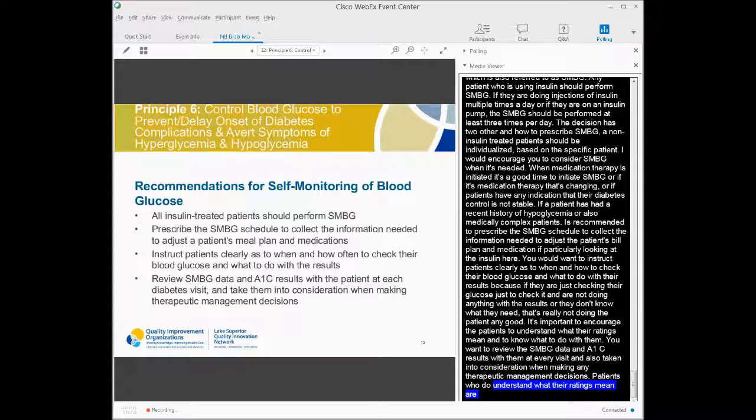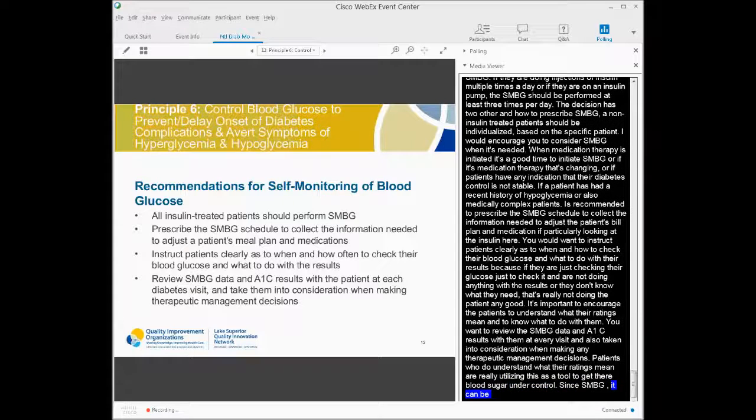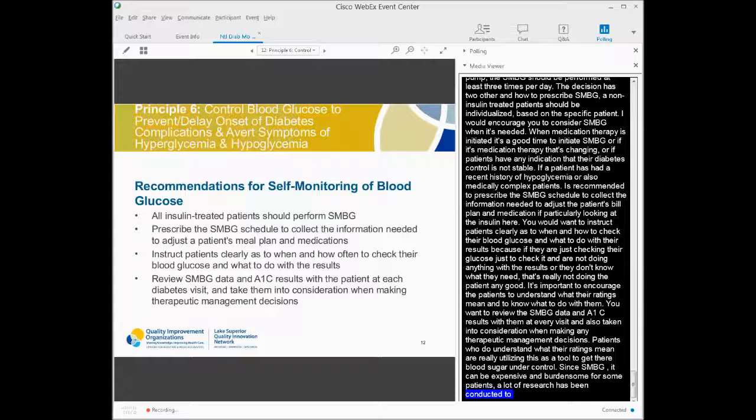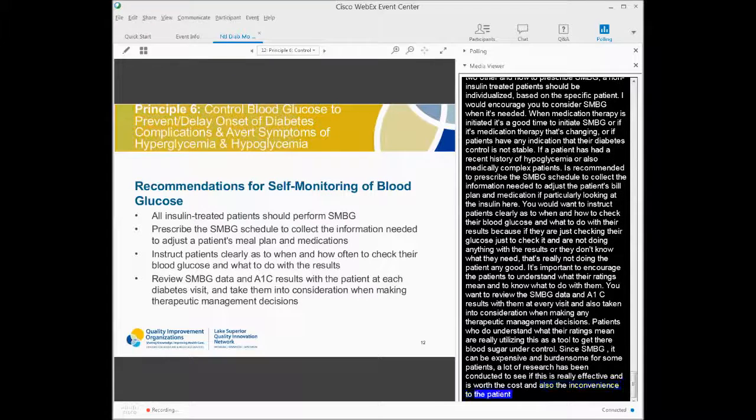So since SMBG can be expensive and really burdensome for some patients, a lot of research has actually been conducted to see if this is really effective and worth the cost, and also the inconvenience to the patient of pricking their finger every day. So really to understand what the effectiveness is of SMBG.